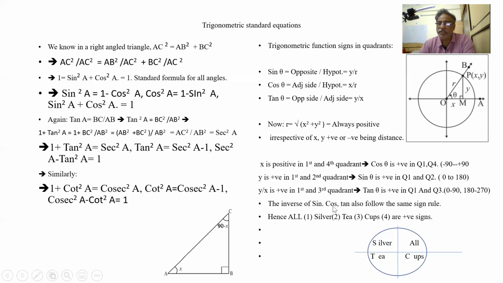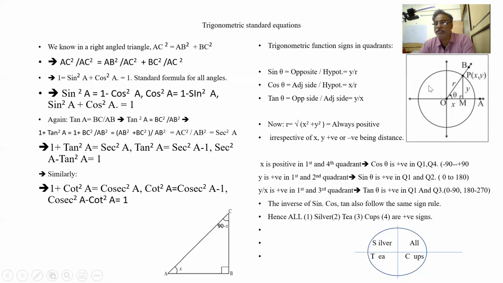So from this we can say: all silver tea cups. Here in the first quadrant all are positive because y is positive, x is positive. So sin theta, cos theta, tan theta are positive, so their reciprocals are also positive. But in the second quadrant only sin is positive because y is positive, x is negative. This is the negative side of x.